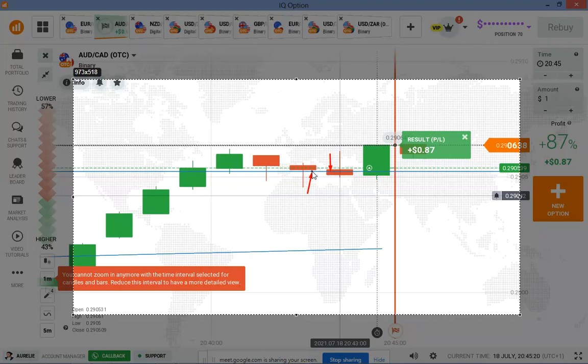Meaning by the time this candle closed, the next candle did not open here. If the next candle opened here, we could go buyers immediately. That is why buyers try to enter but fail, because the candle did not open below this line, it opened above.